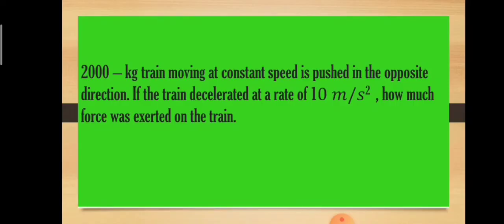Okay, the next problem is a 2,000 kilogram train moving at constant speed that is pushed in the opposite direction. If the train decelerated at the rate of 10 meter per second squared, how much force was exerted on the train? So I have here also the solution.